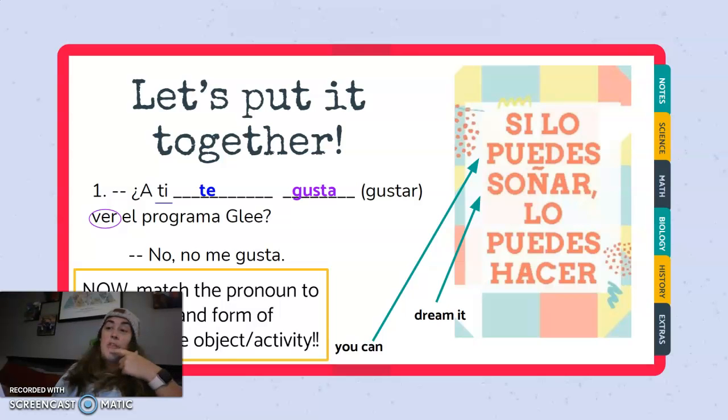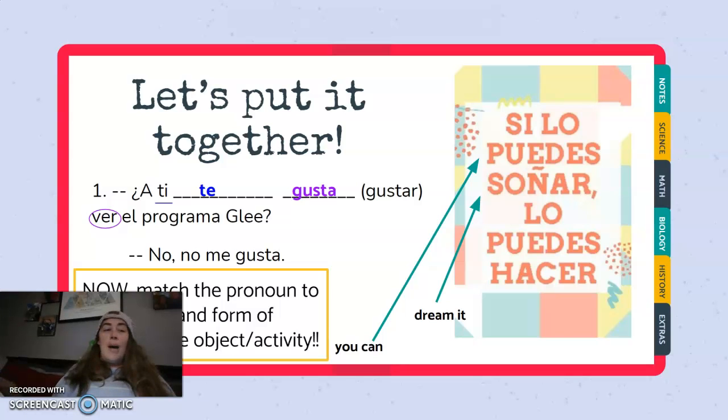So the difference between 4 and 5, in 4, Juana likes the telenovelas, or they're pleasing to her. But in número 5, it's the action of watching them. Número 6, a los estudiantes no les gusta hacer la tarea. Número 7, a nosotros no nos gustan los exámenes.